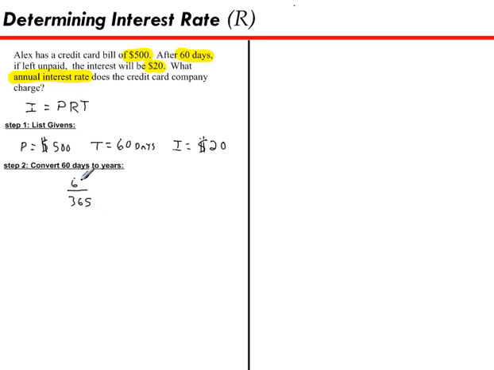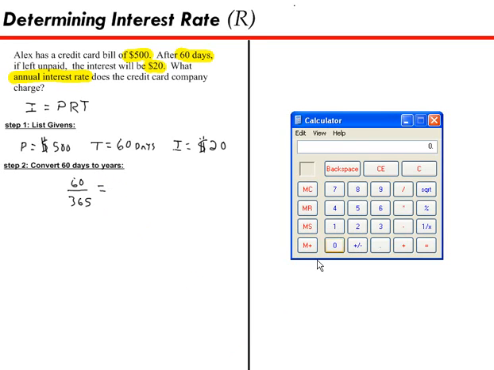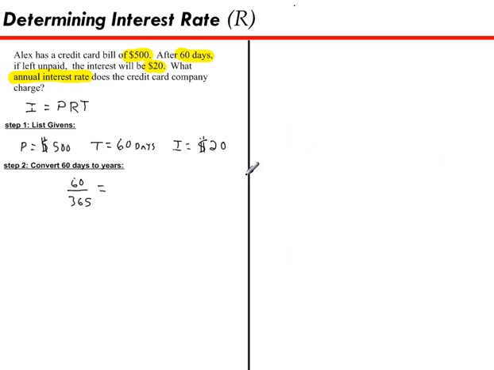So 60 divided by 365 is, I'll bring in the calculator for this, equal to 0.164. I'll stop there. Actually, I'll just stop at 0.16. That should be accurate enough for our needs. So 60 days represents 0.16 of a year. Now I can move on to step 3.